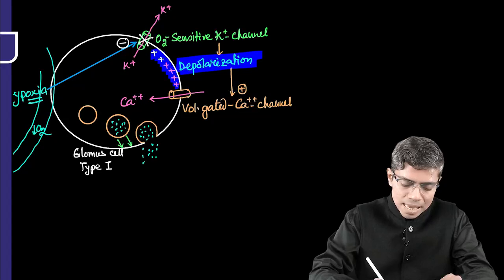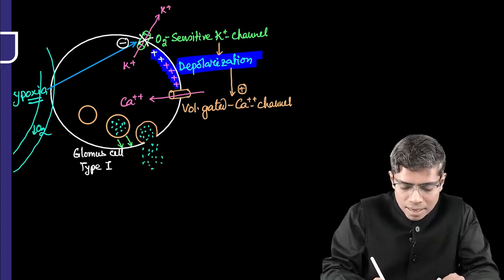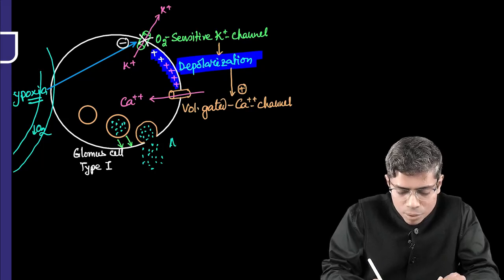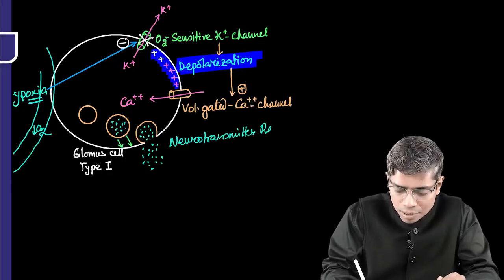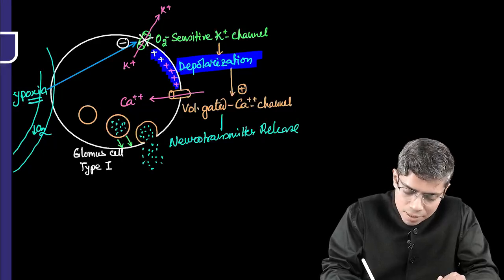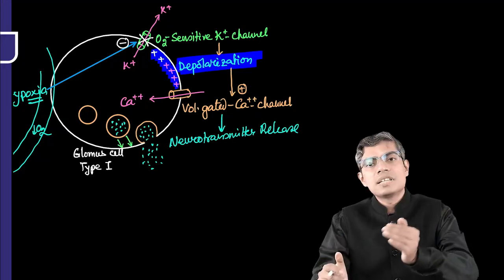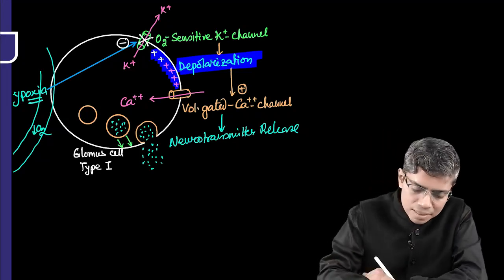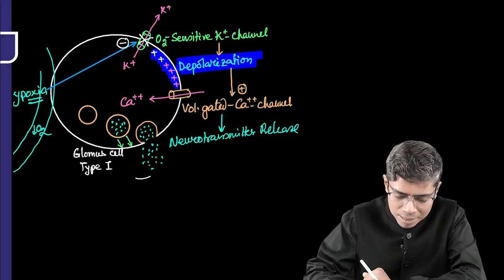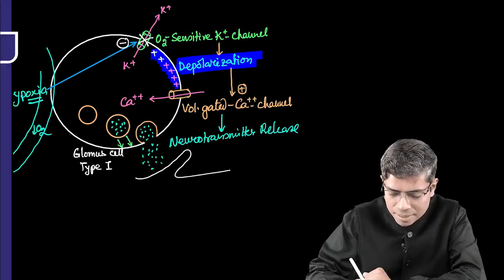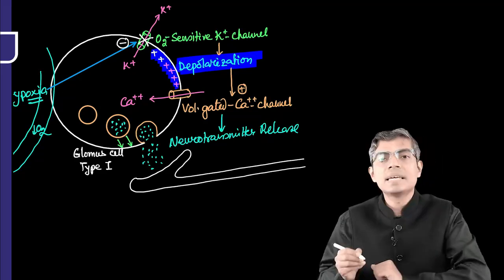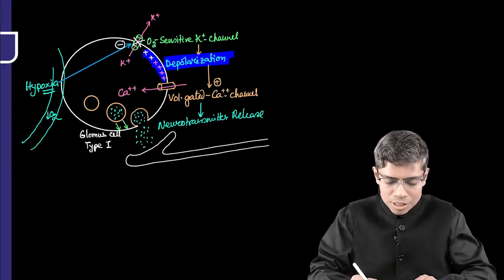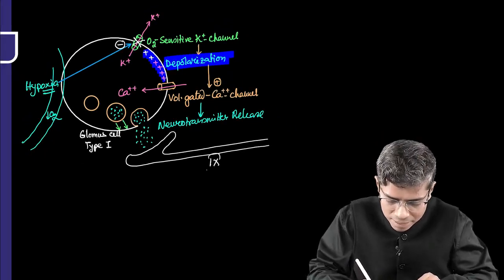So calcium entry is causing release of neurotransmitter, and this neurotransmitter will ultimately cause activation of the neuron connected here, which I already told you about, the 9th and 10th cranial nerves.